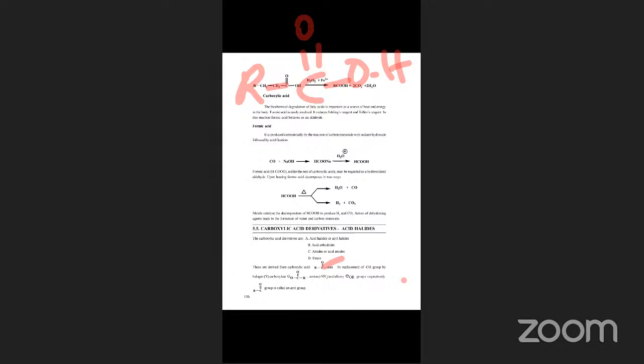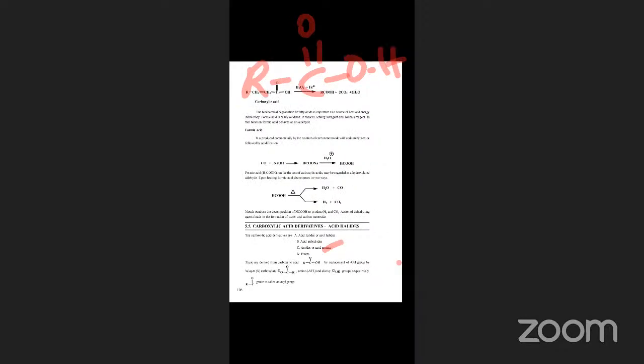That is the lesson name: carboxylic acid and its derivatives. The acid halides, acid anhydrides, amides and esters, these four groups are coming from the carboxylic acid group, so we are calling these four carboxylic acid derivatives.